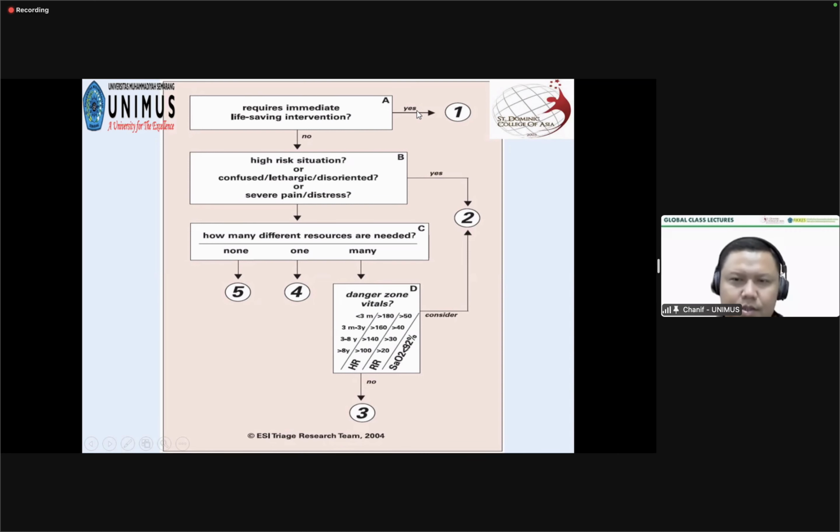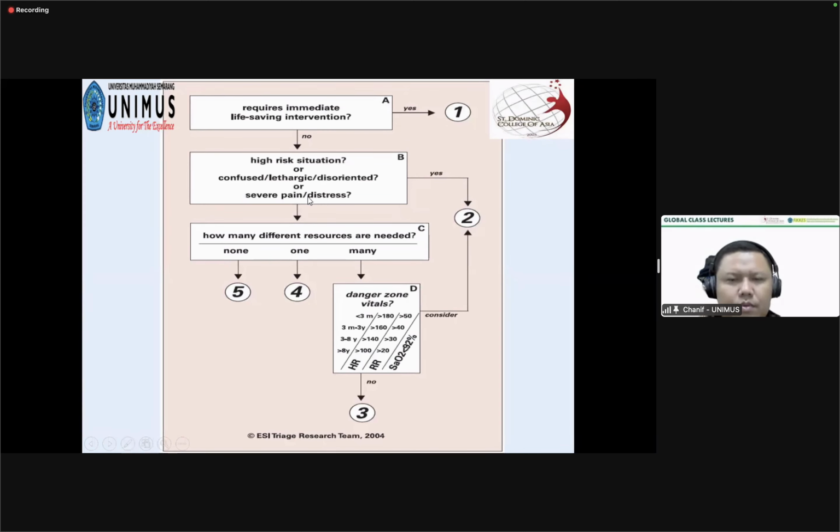If yes, this patient is level 1. If no, we ask about the condition: does the patient have a high-risk situation, or is confused, lethargic, or disoriented, or in severe pain? Using the numeric rating scale, the pain score is 7, 8, 9, and 10. If yes, this patient is level 2.